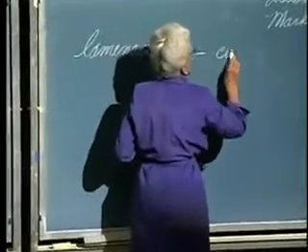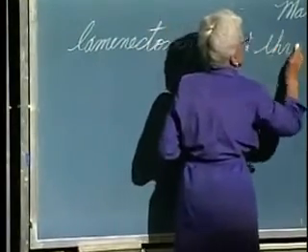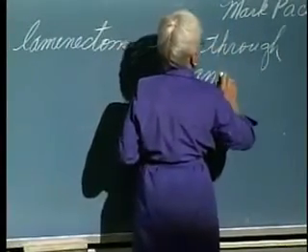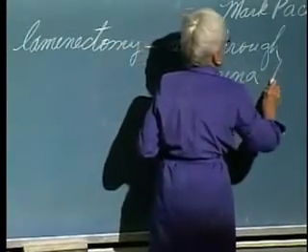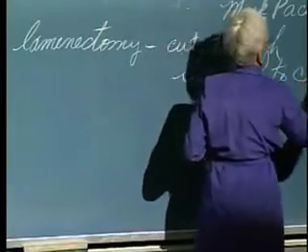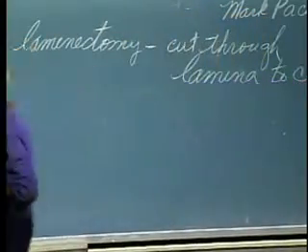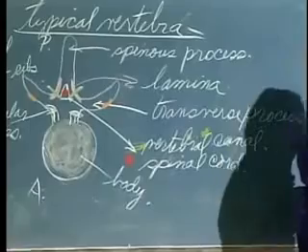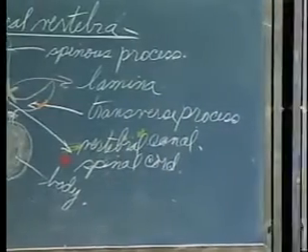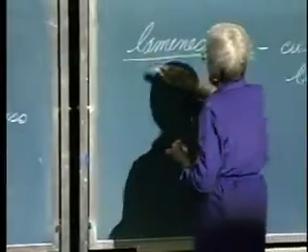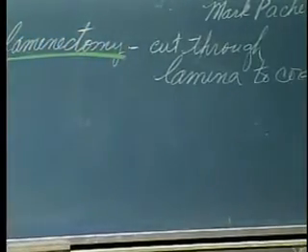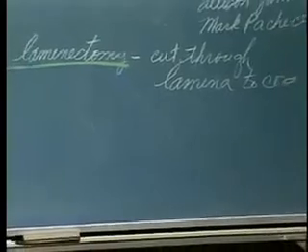You cut through the lamina to the cord. So you can see when you do that, you can just lift off the spine and you'll have the cord exposed. So I've done a laminectomy in green. Does anybody know which area of the cord is more prone to tumor formation?